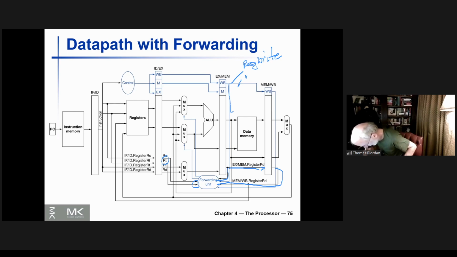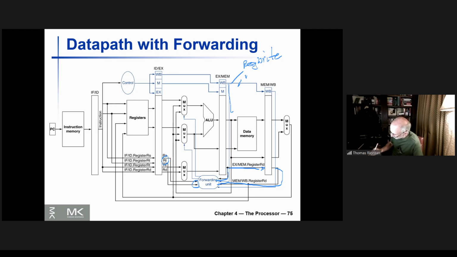Can't tell, are they blue or black? I think they're blue. So the blue signals, again, are control signals, and they're generally one or two bits, something like that. But in this case, they're one bit, and that's just what we're using as a qualification.